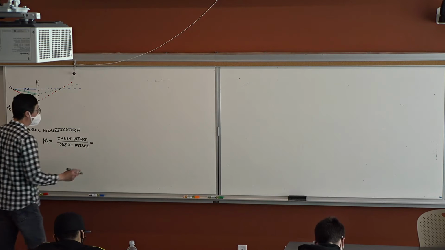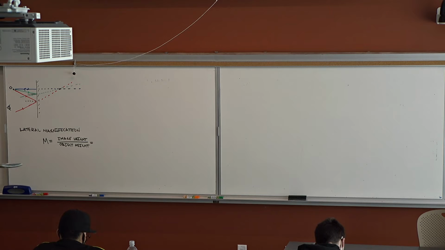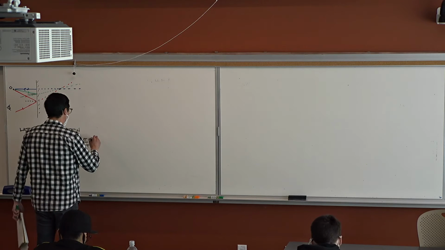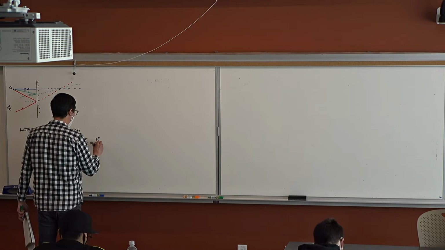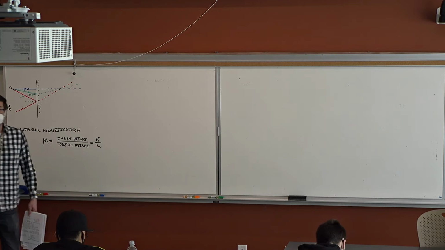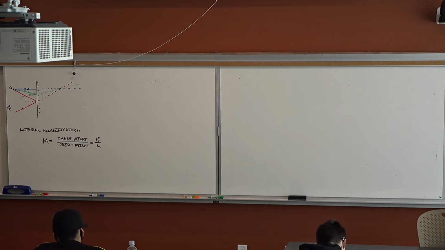Because I'm too lazy to write that out most of the time, I'll use h prime over h. Hooray for my laziness. It's the happiest day of the week. Come on.